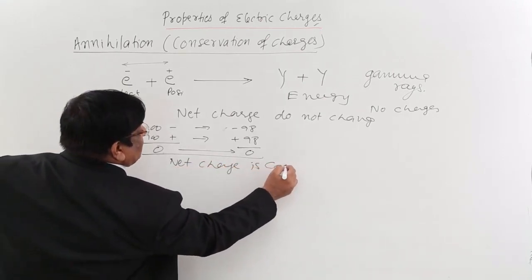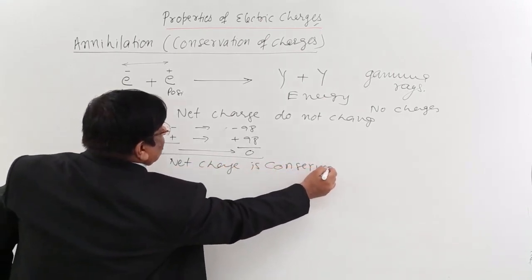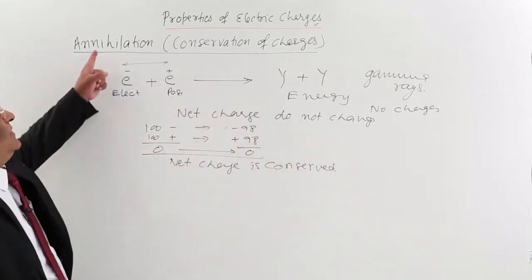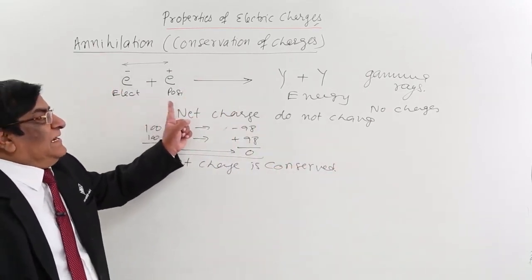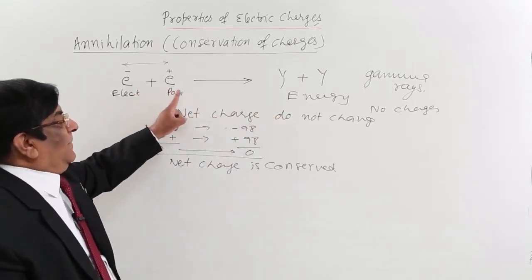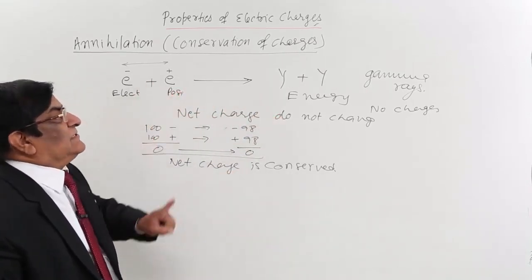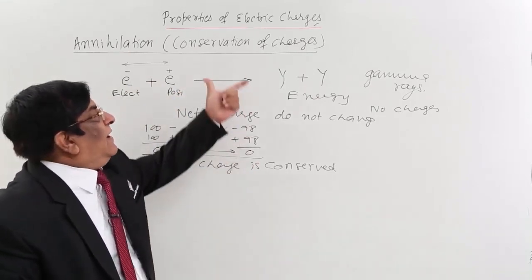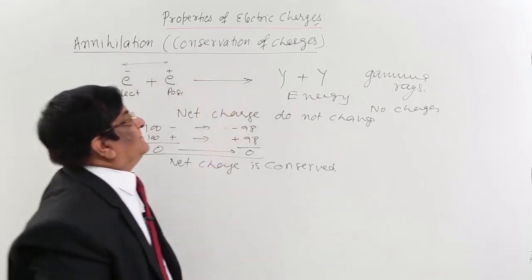So the net charge is conserved. This is the process of annihilation, and with this annihilation the charges can be destroyed, but only in pairs, and the net charge is conserved. And now I will write what is annihilation.